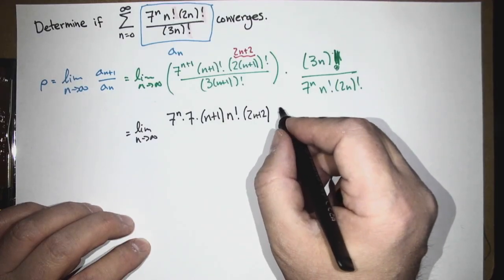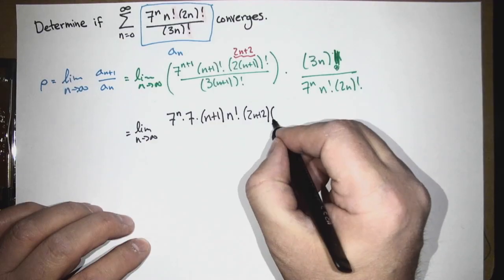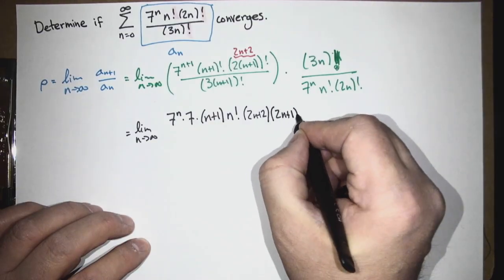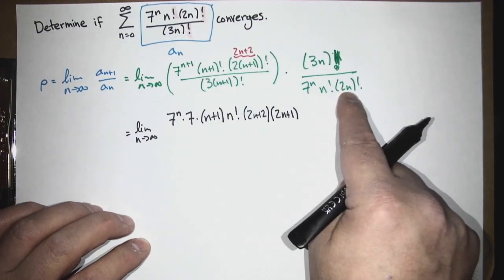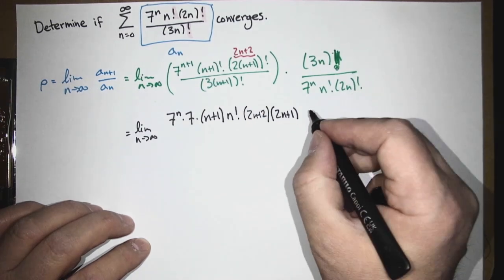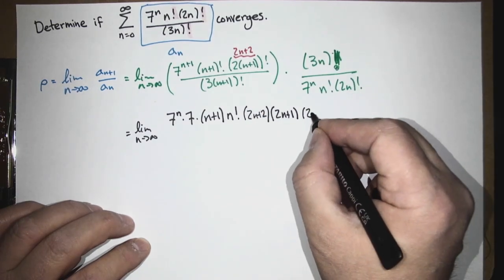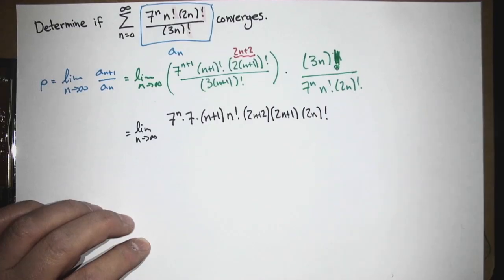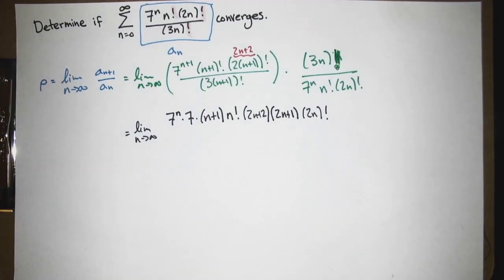Well, what comes below 2n plus 2? 2n plus 1. Well, I'm still not down to 2n, so I'm pulling off 2n plus 2, and I'm going to pull off a 2n plus 1, and then what do I have? 2n, and I say, great, that matches, so I'll just write factorial to keep going down. So that 2n plus 2, I'm pulling 2 terms off to get to 2n factorial.